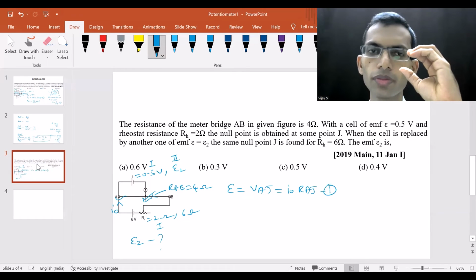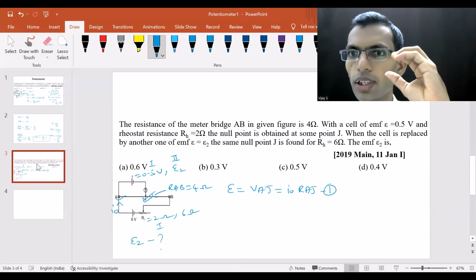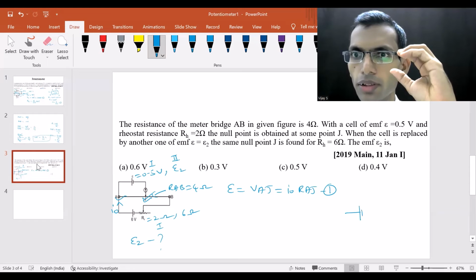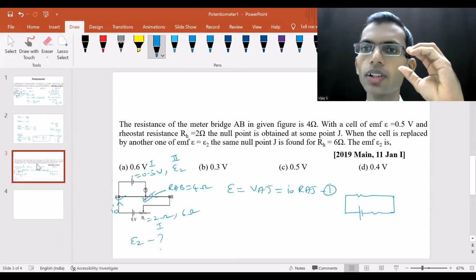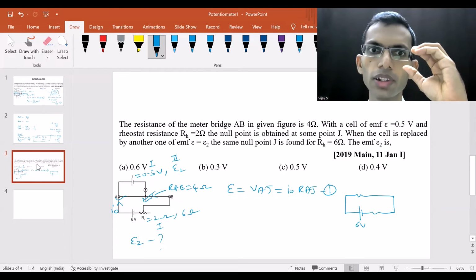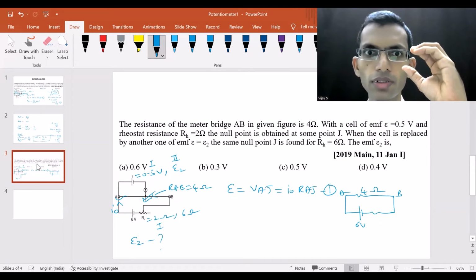In order to obtain the main circuit current I0, we have to apply KVL. Let me draw the electrical equivalent circuit of the main circuit. In the main circuit, connected in series are the battery voltage of 6 volts, the wire AB resistance of 4 ohm, and the rheostat resistance for the first case.